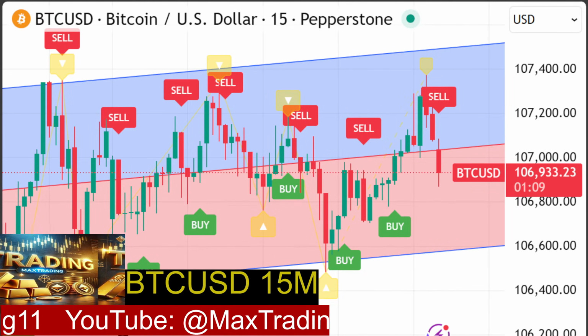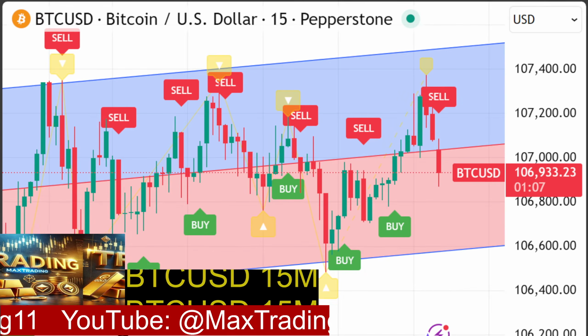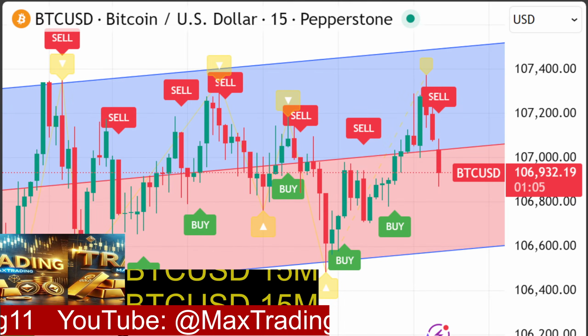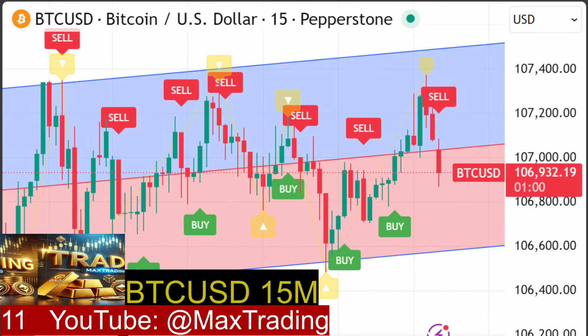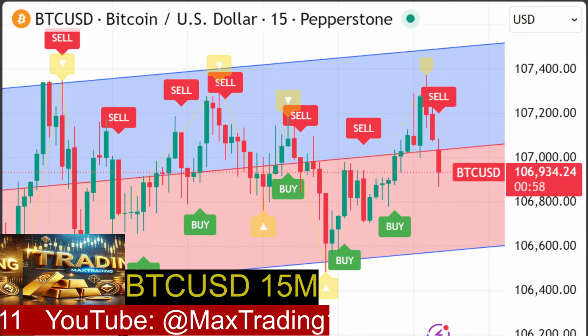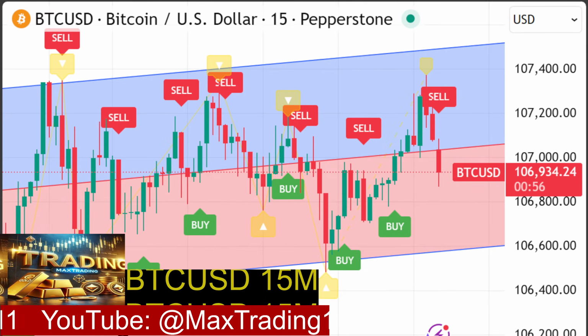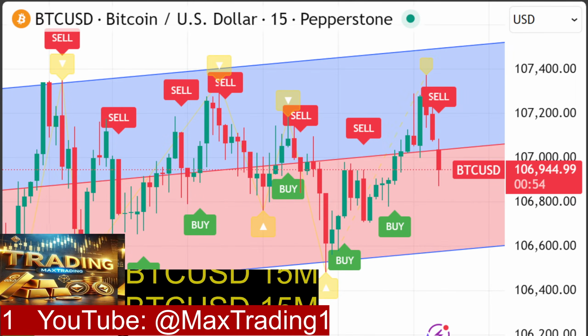The moment a green buy signal appears, the confluence between the upward sloping channel, the swing low structure, and the signal confirmation reinforces a strong long bias.